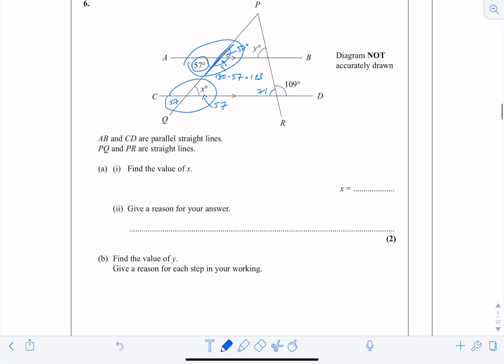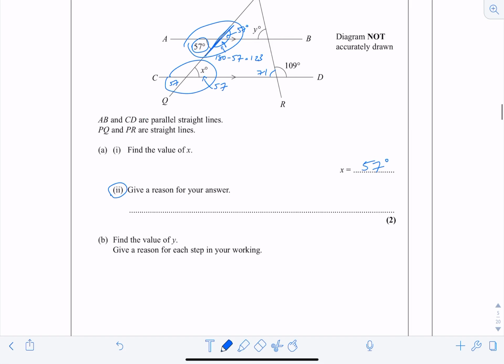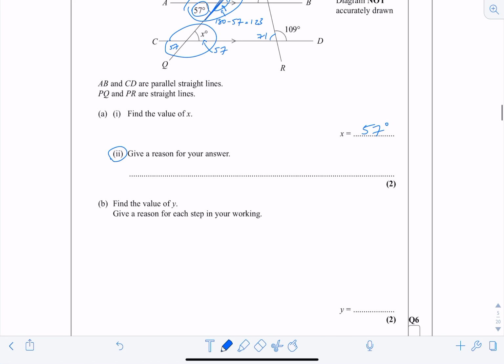Now, that's a long way of answering the question for part 2 here, because what it's asking you is, do you know the word alternate angles?